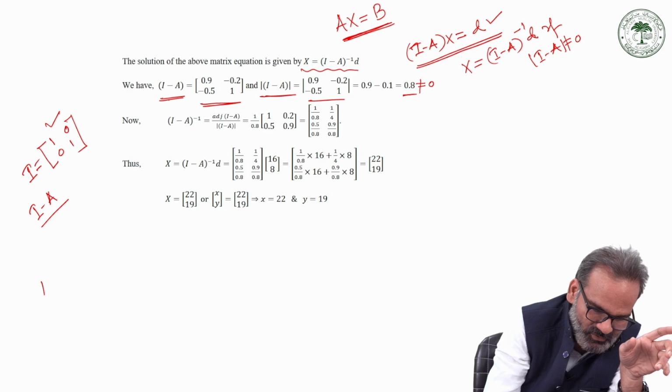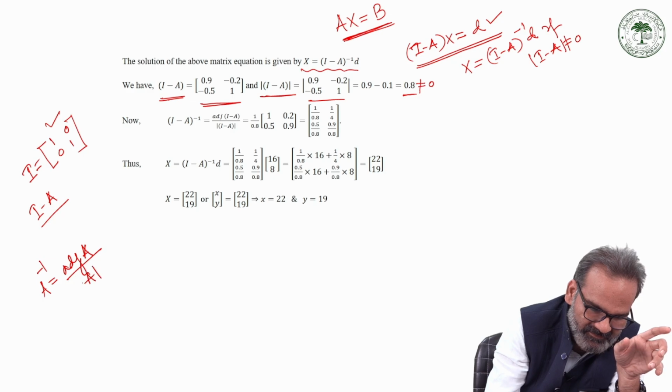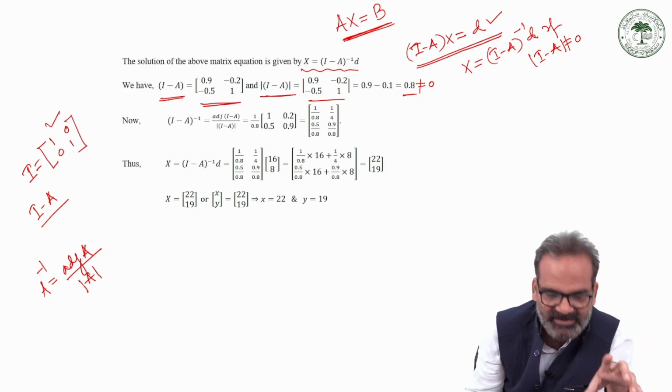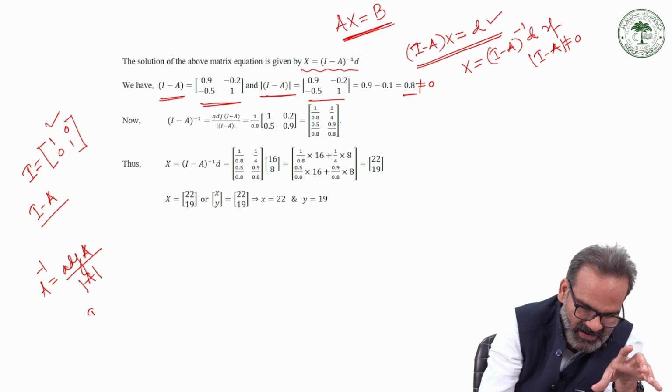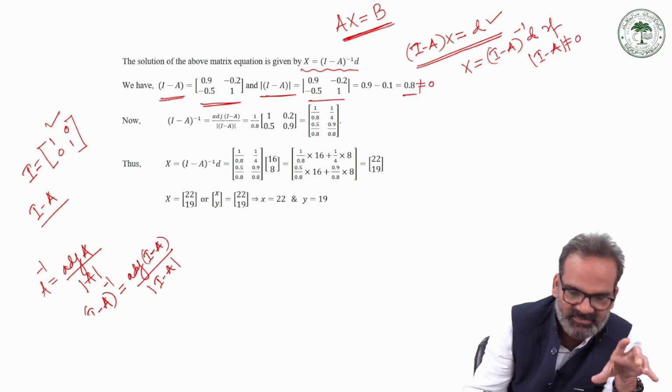And we know the formula of A inverse. A inverse is given by adjoint of A divided by the determinant of A. Here in place of A, what we are having? We are having I minus A. So (I minus A) inverse will be equal to adjoint of (I minus A) divided by its determinant, right?